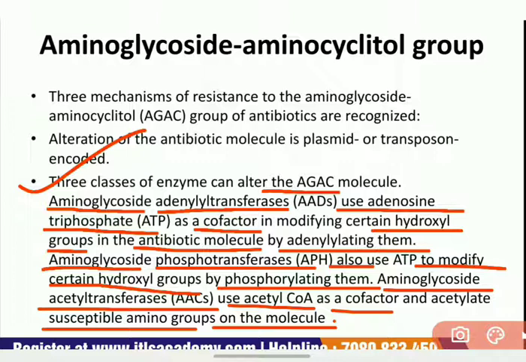Here we have discussed three classes of enzymes that can alter aminoglycoside aminocyclitol molecules, and these three classes of enzymes have been further subdivided according to which site on the aminoglycoside aminocyclitol molecule is modified.